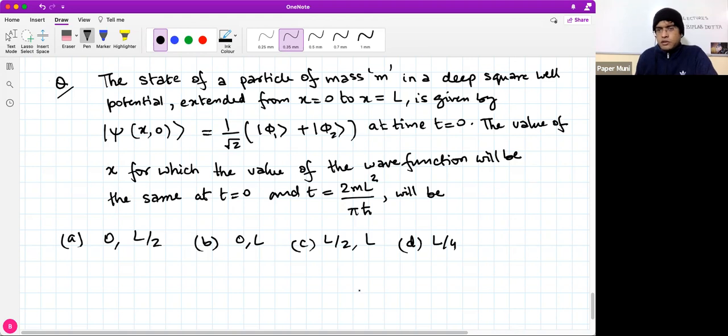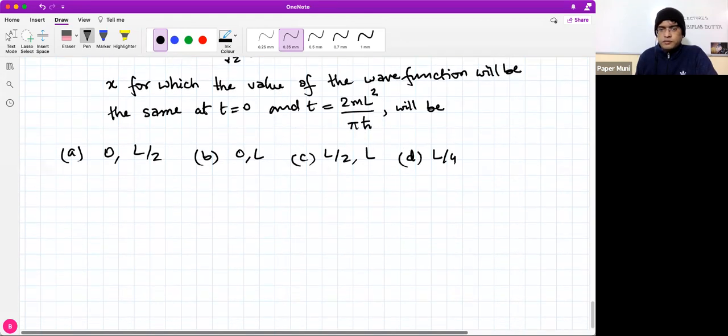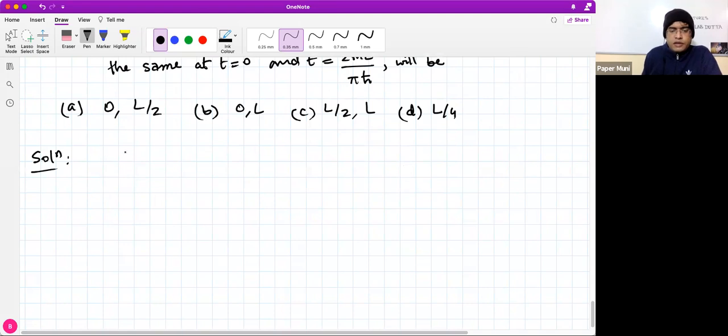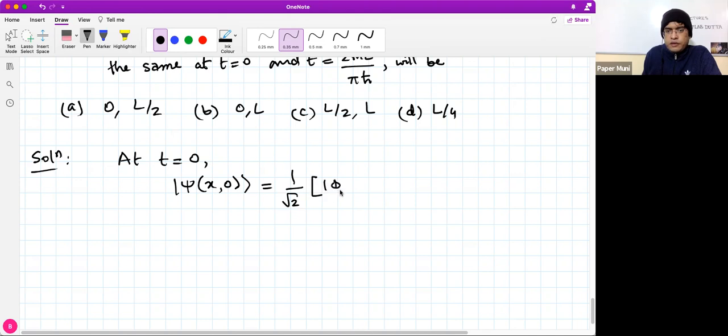So what we need to do is write down the complete wave function and proceed the way I told you earlier. At t equal to 0, we have ψ(x, 0) equal to 1 by root 2 (φ1 plus φ2).